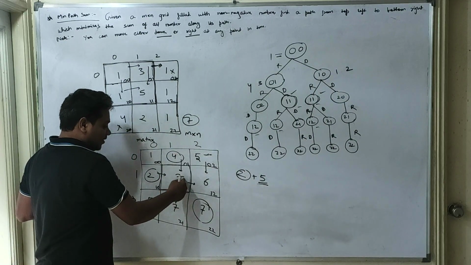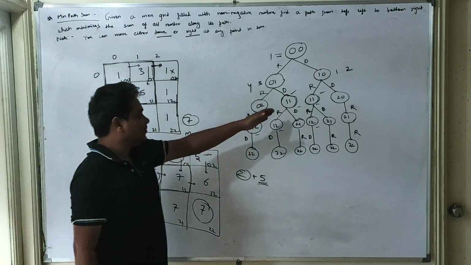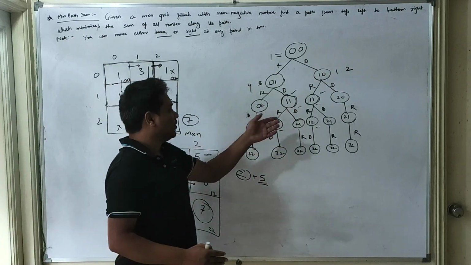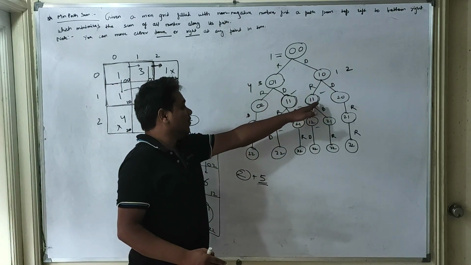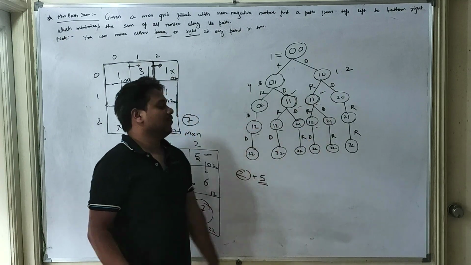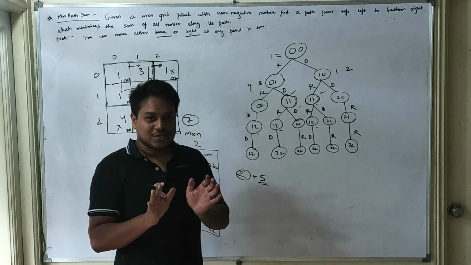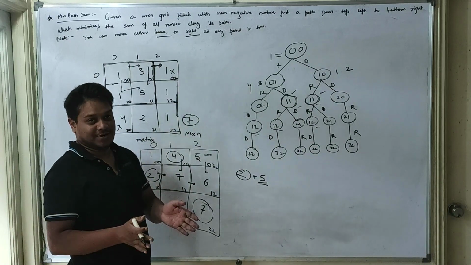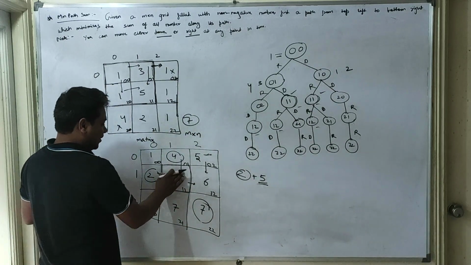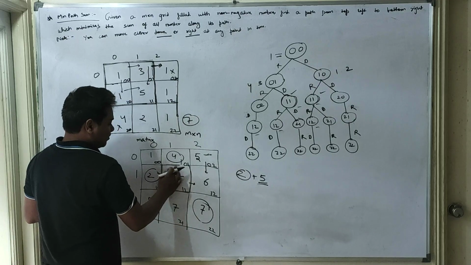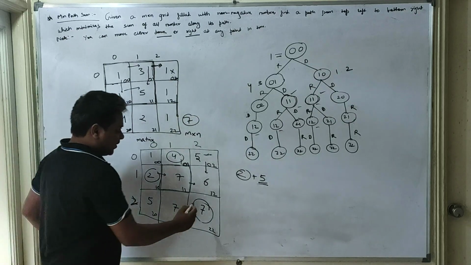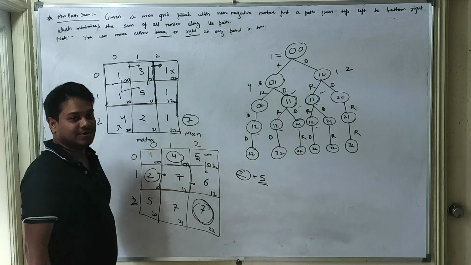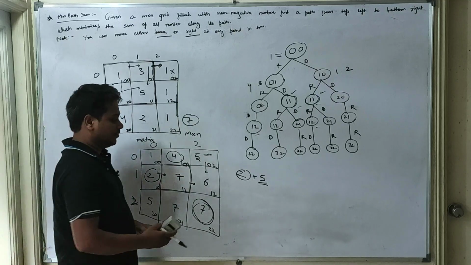Either from the right side of 1-1 or from the down of 1-1, we would know the value of this particular cell. So we don't have to recalculate it. That will help us optimize this particular solution. So the end cell in this scenario would give us the final value.